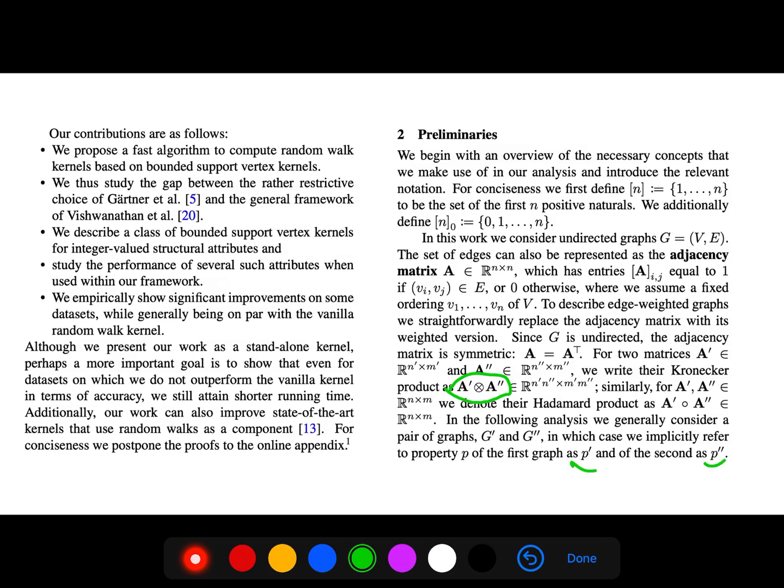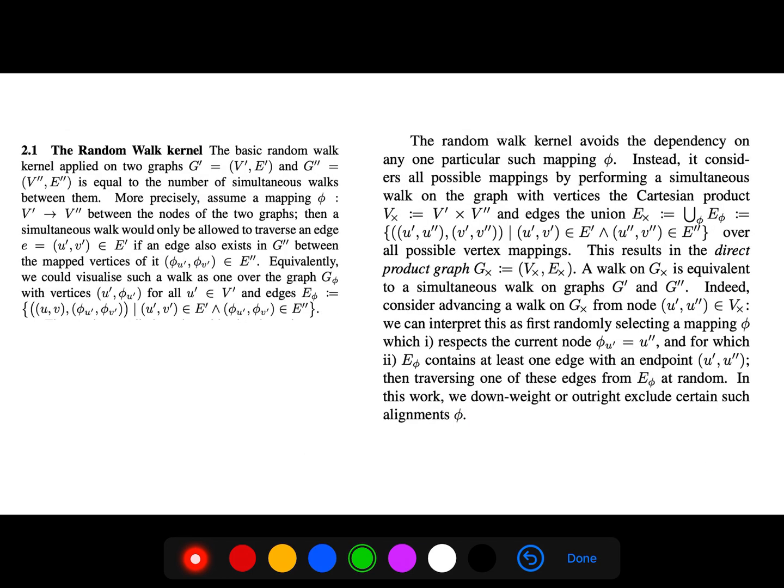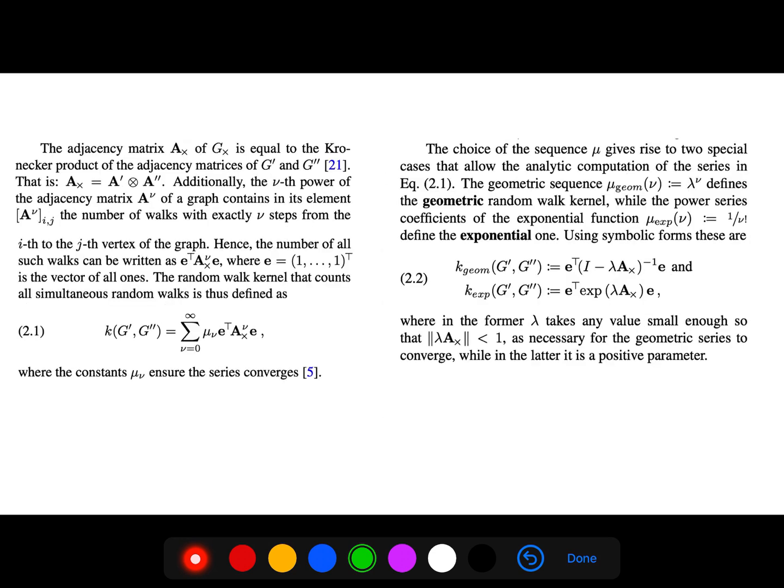The basic random walk kernel applied on two graphs is equal to the number of simultaneous walks between them. So this is how we write the random walk kernel. For example, it counts all simultaneous random walks. And the choice of mu gives rise to two special cases, geometric and exponential, like this.